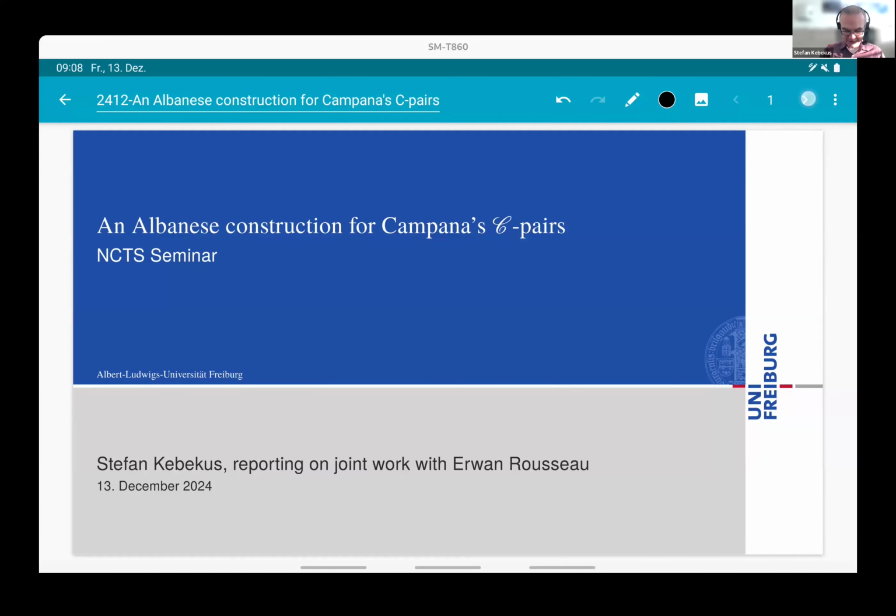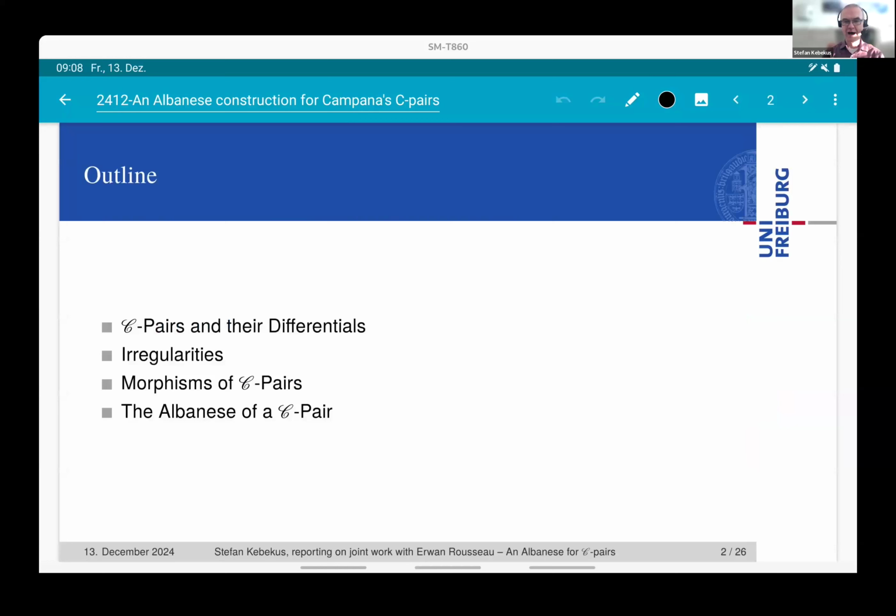Right, so the outline of this talk. Be a little more specific about C-pairs and their differentials, then define C-pair analogs of classical invariants that we know from complex analysis, irregularities. How many one forms are there? Talk a bit about the category of morphisms, which I already mentioned when I compared my spaces to root stacks.